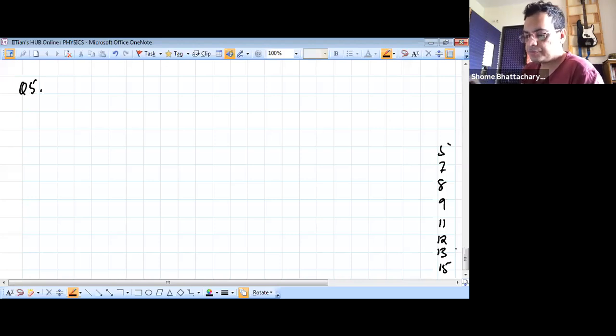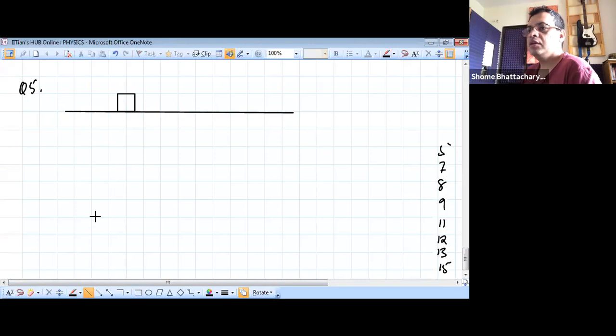So turn to question number 5. All right. So in this, what is happening is that you are pulling an object along a horizontal surface, but in order to make it move with constant velocity also, you are having to apply some force.